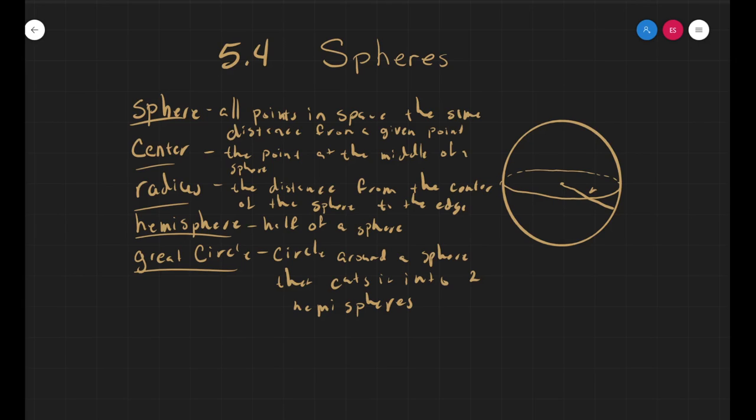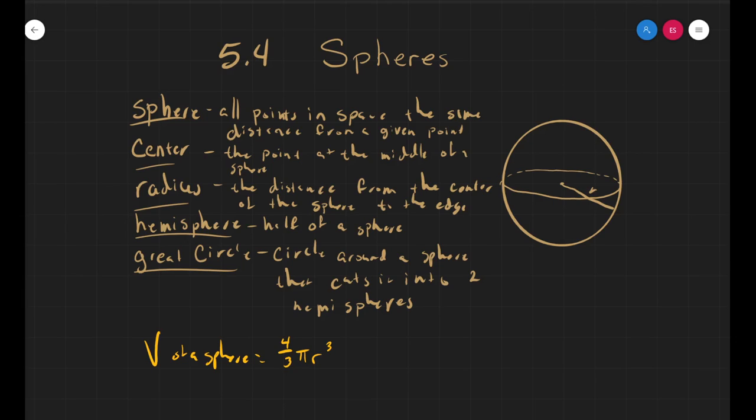If we're trying to find the volume of a sphere, the formula is 4 over 3 times pi r cubed. Simple as that.